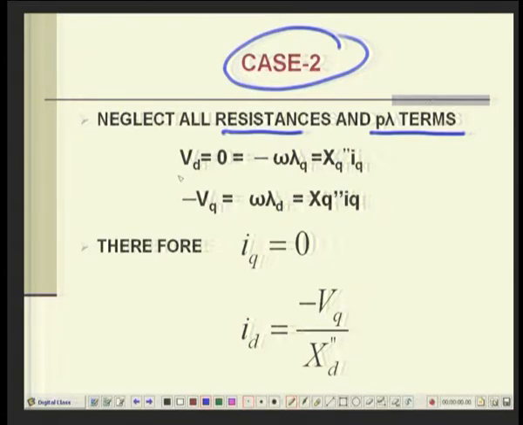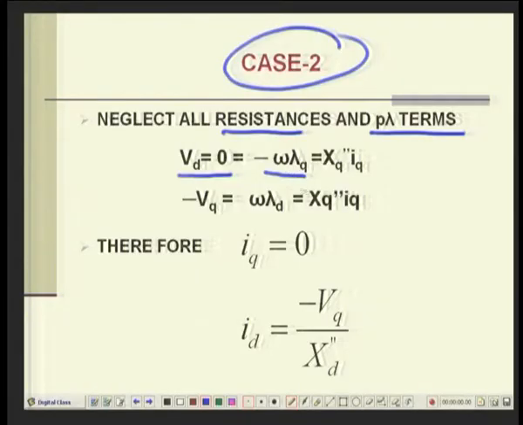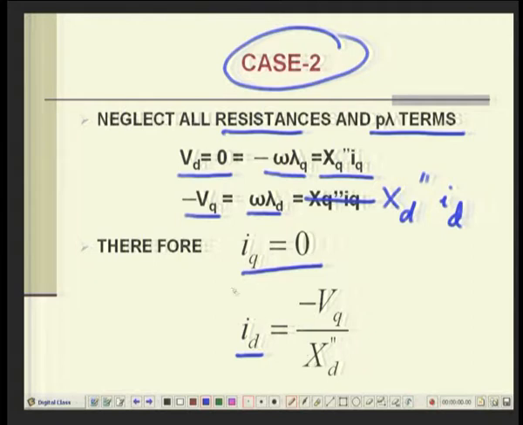So, Vd is 0, that is minus omega lambda q, because I have neglected p lambda d, and we know lambda q is xq double dash into Iq. Therefore, Iq is 0, because Vd is 0, and Id is nothing but minus Vq by xd double dash.